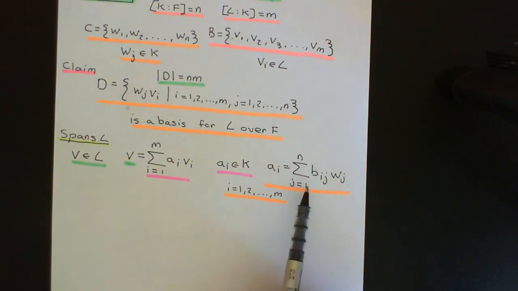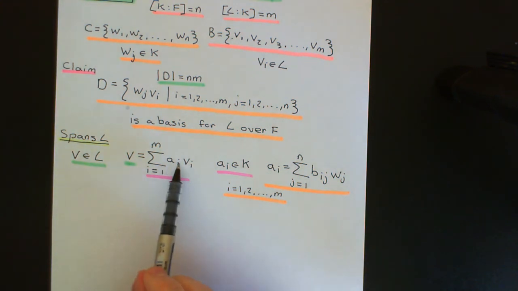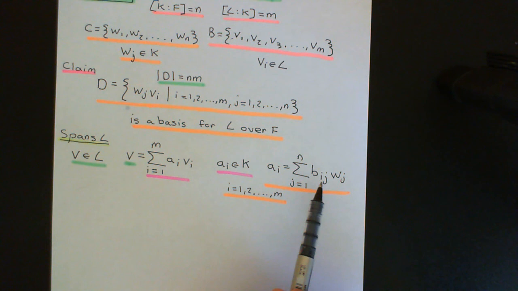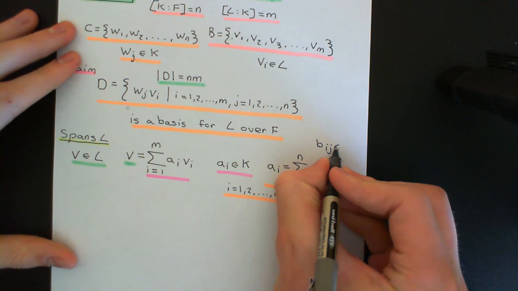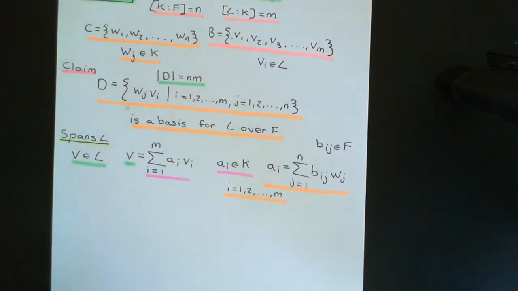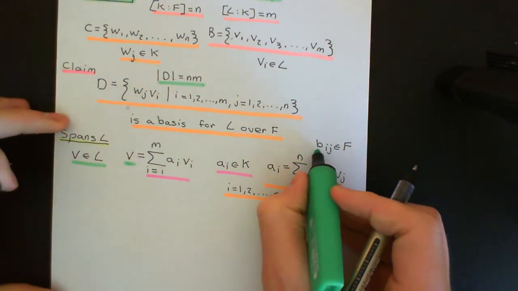Now of course what we can do is substitute in for a_i these linear combinations of the w_j vectors. And I should stress the important thing, these b_ij's, these coefficients, are going to be from the smallest field, capital F. So this is all looking nice.